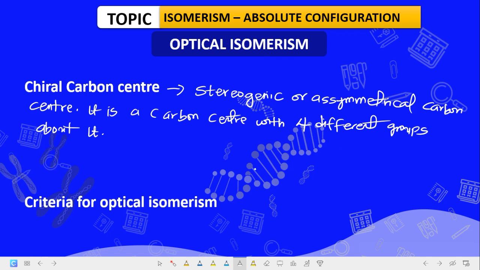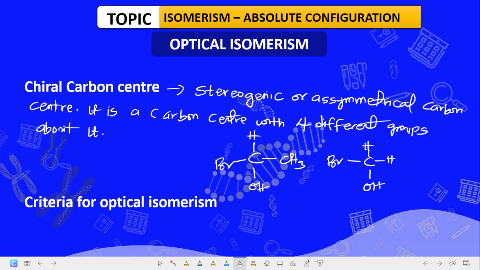Now what does this mean in reality? For instance, if you look at this compound, let's say you have C, then this is hydrogen, this is CH3, this is OH, and this is bromine, and then you have another compound that has C, hydrogen, bromine, and then OH. Now if you look at this carbon center, carbon is tetravalent, right?